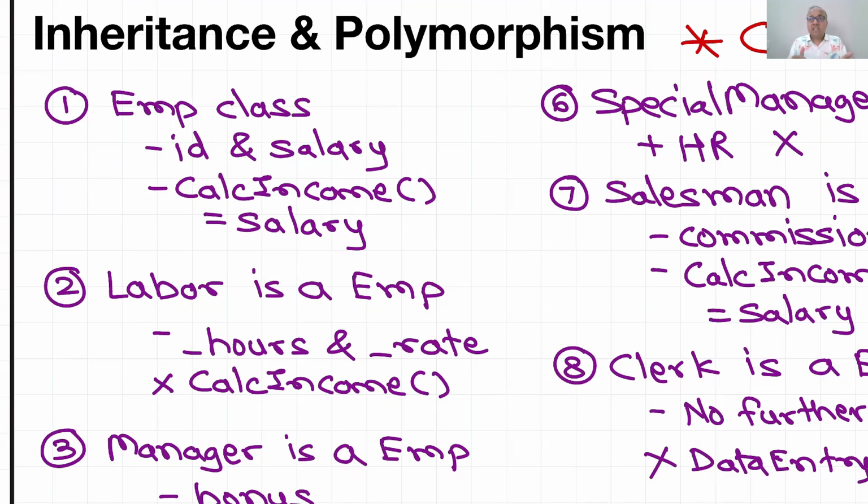Rather, their salary is defined as per the number of hours they worked and the rate at which they work. So the salary should get automatically computed every time their hours and rate are modified. Let us see how we can implement it in practice.